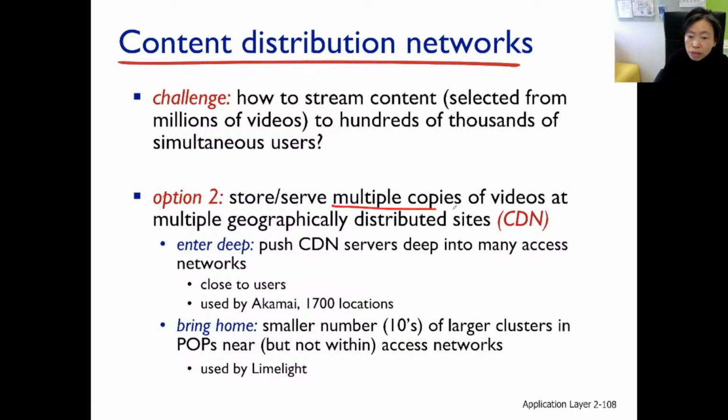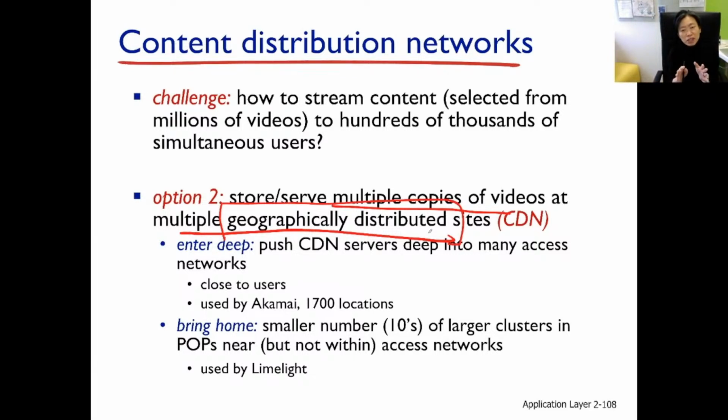And that takes us to option 2, which is exactly what CDN is doing. Instead of using just one physical machine storing one copy of the content, use multiple machines storing multiple copies of the content. And more importantly, distribute them around the internet, making sure that they are very widespread geographically.